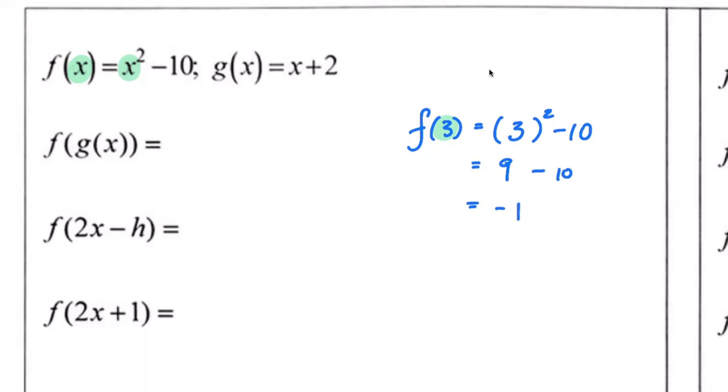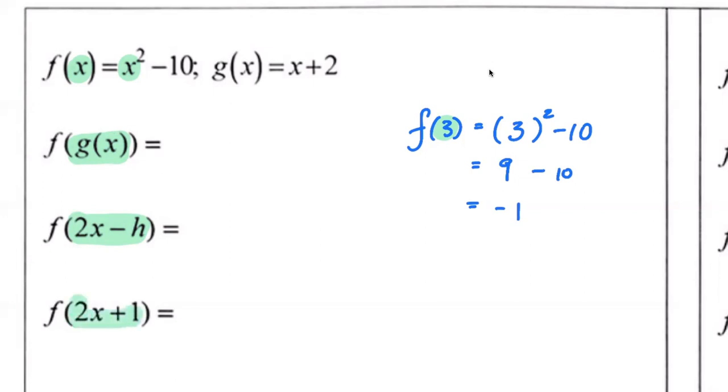What I want to show you is that the following 3 problems on the left are no different, theoretically speaking, than f of 3. In f of g of x, g of x is the new x value. In f of 2x minus h, that is the new x value.